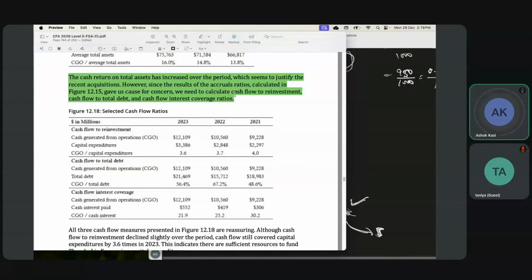We need to calculate the cash flow to reinvestment, cash flow to total debt, and cash flow interest coverage ratios.